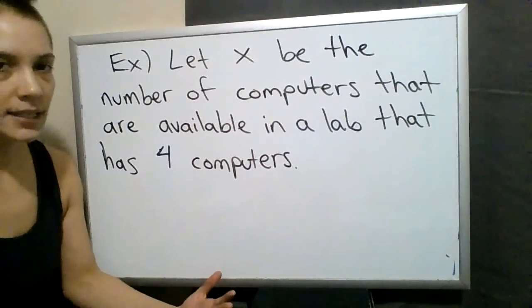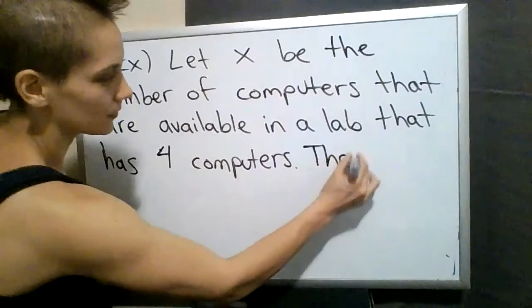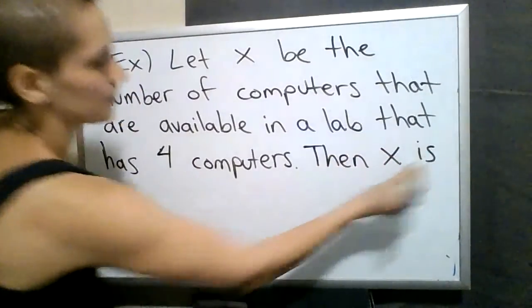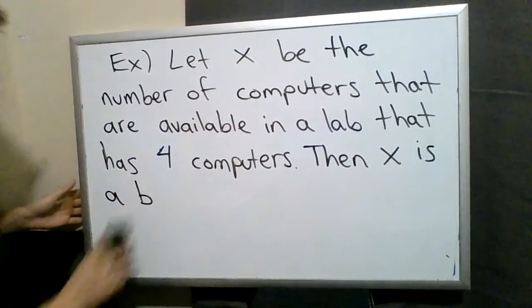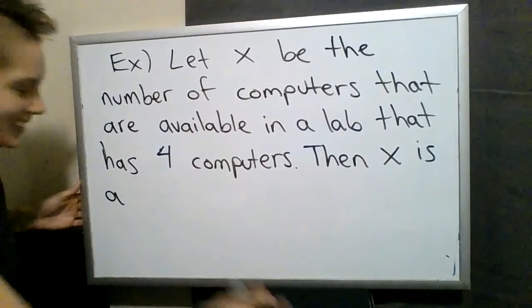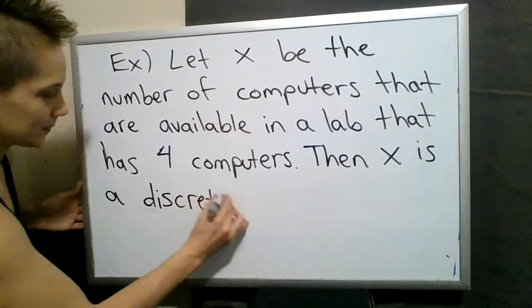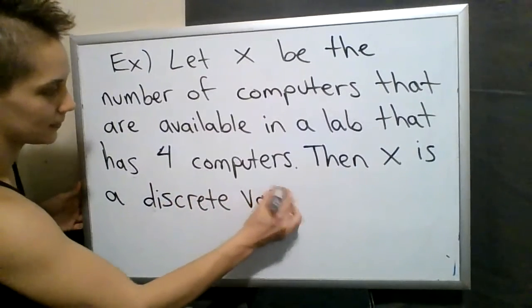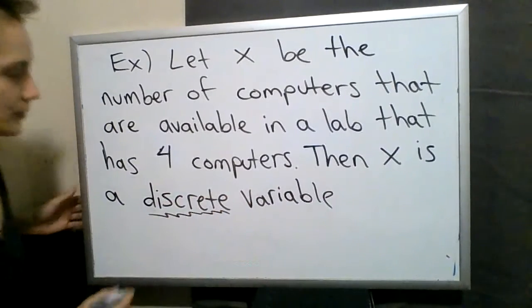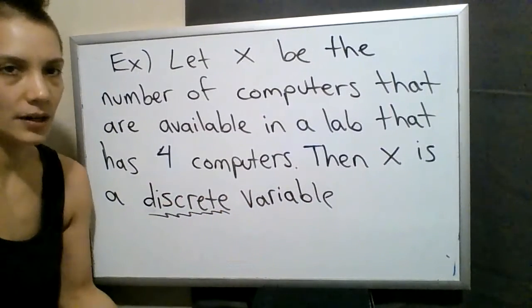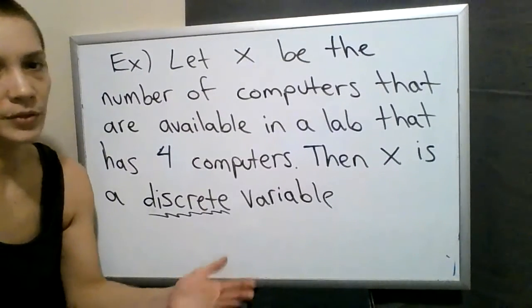Okay, this means x is a discrete variable, because either there are no computers available, there's 1 computer, 2, 3, or at most 4 computers.